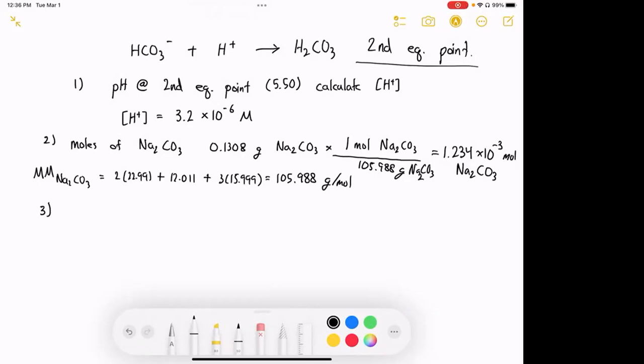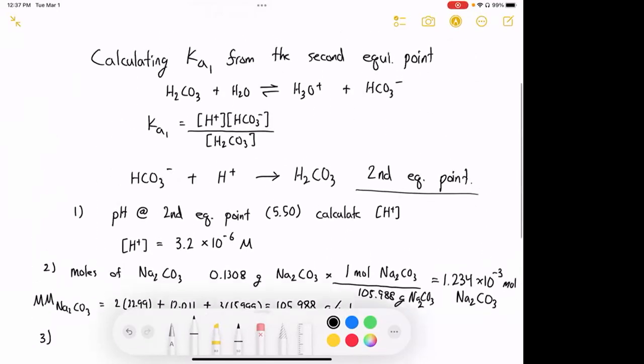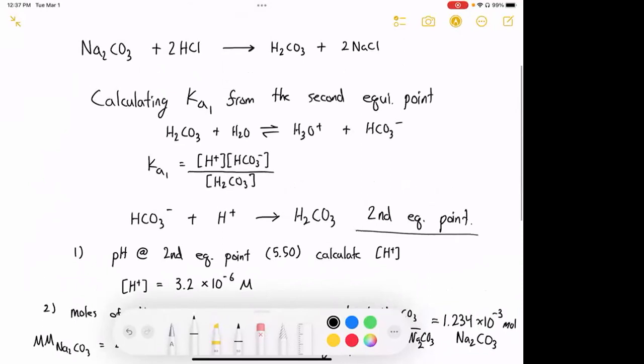Yeah, these calculations are really complicated. So I think it's a good thing I went over this because looking at this, I can see some headaches over here. Okay. So since this is a weak acid we're dealing with, we can say that the amount of carbonic acid in solution, given by this equation up here, is how we're going to figure out our Ka1.